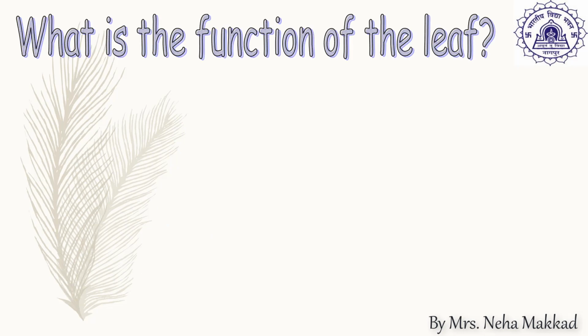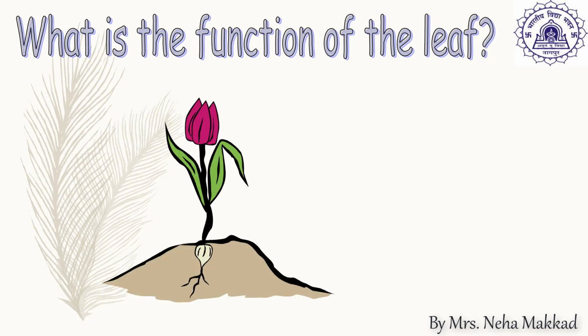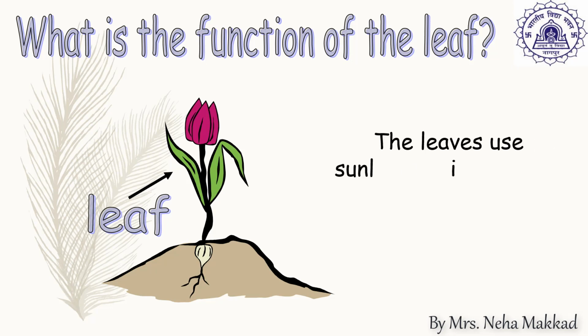Now, how do the leaves help the plant or what is the use of leaf in the plant? The green thing you can see in the picture, it is known as the leaf. The leaves use sunlight to make food.